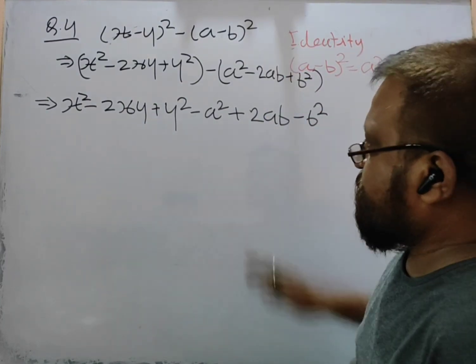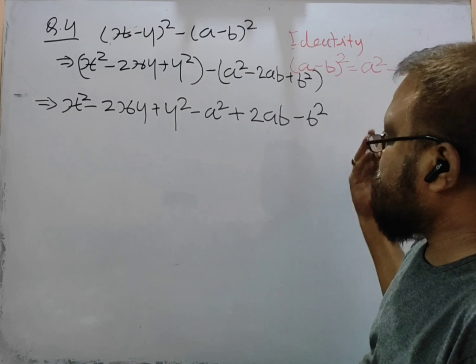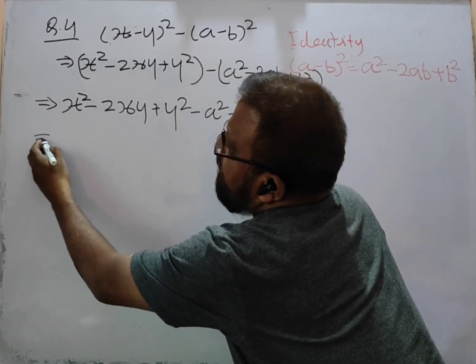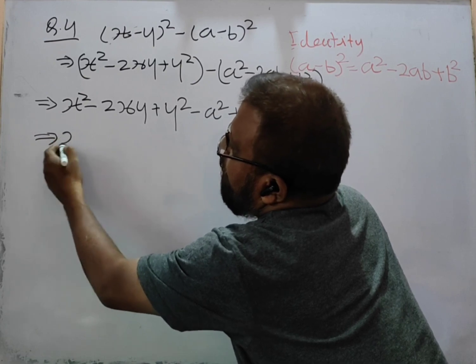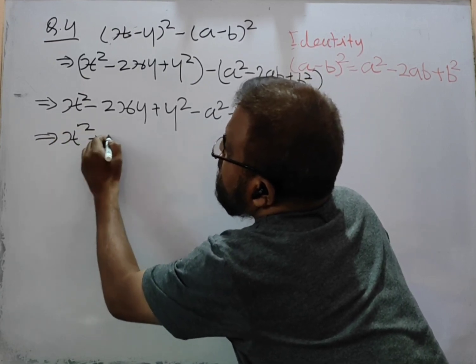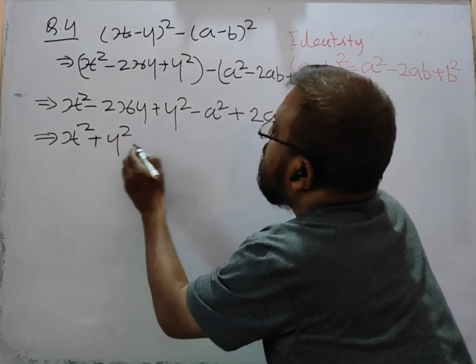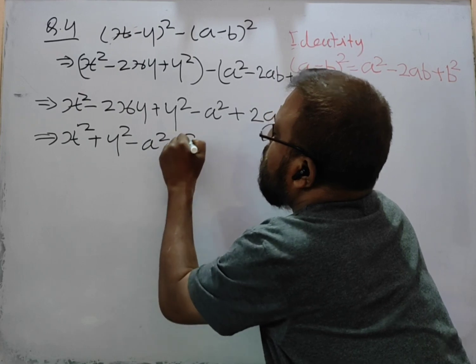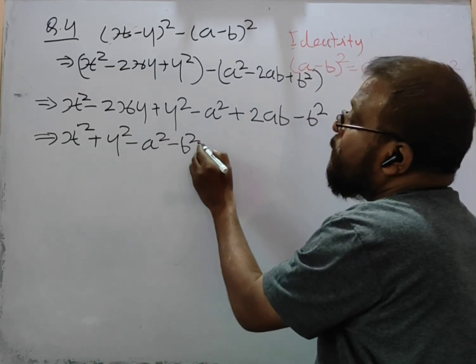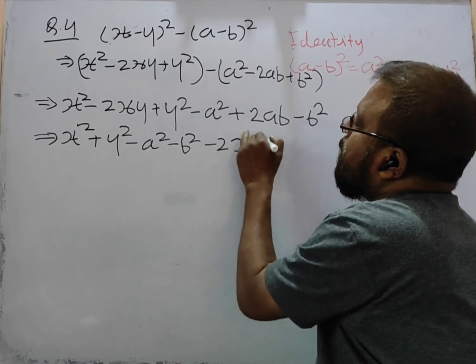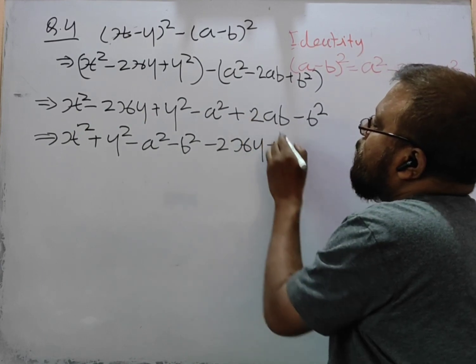We can't do anything further in this, right? Otherwise, we can write it like this also, if we want: x square plus y square minus a square minus b square minus 2xy plus 2ab.